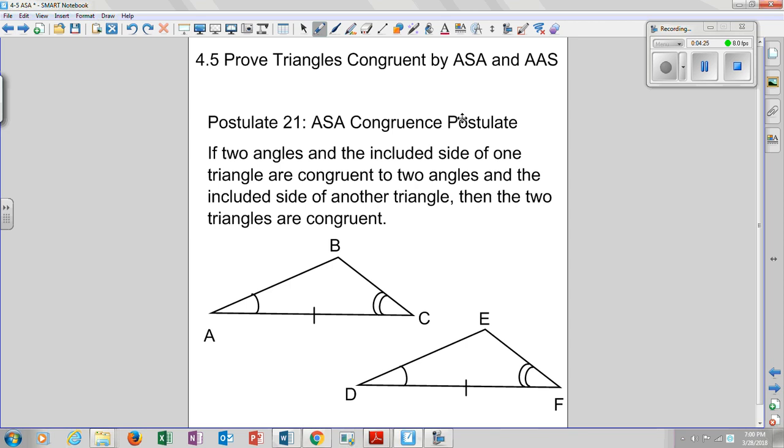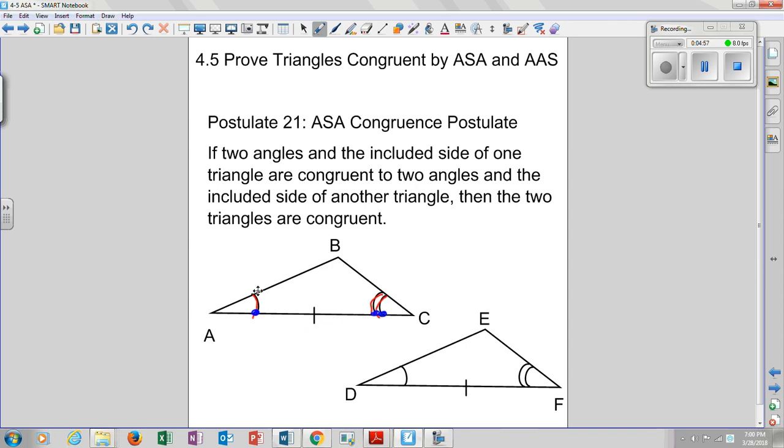Now, the important thing to notice here is it says included side. The included side means that it has to be in between the 2 angles. So here we have angle A and angle C. The included side has to be in between those. The easiest way to check that is to check the sides that they're touching. They both touch this side, so it's the included side, or the side that's between them.